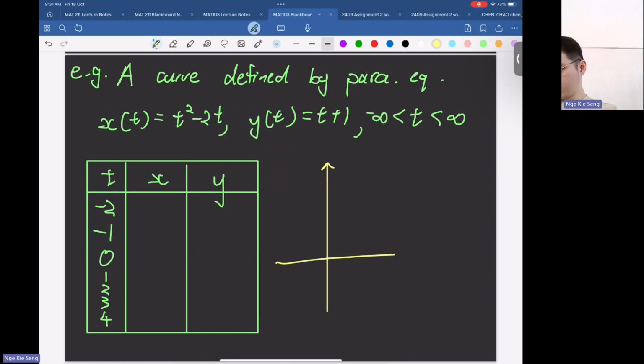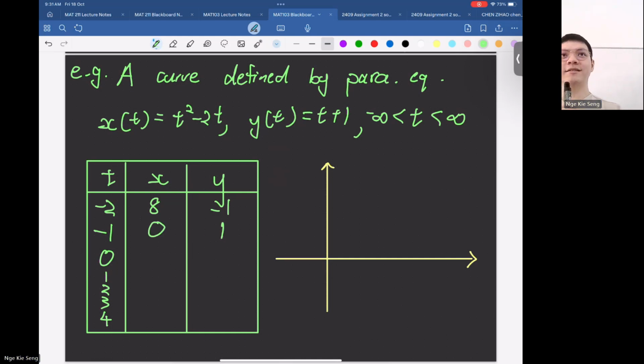Okay, so can anyone tell me when t goes to -2, what's the location? What's x, y? 8 and -1, good. How about when t equals -1? 0, 1, you sure?